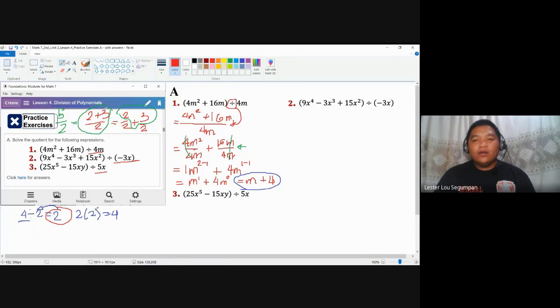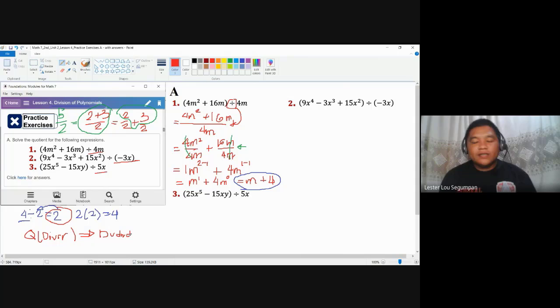So again, how do we check it? We multiply the quotient to the divisor. I'm just using a shortcut here, and it should return to the value of the dividend.